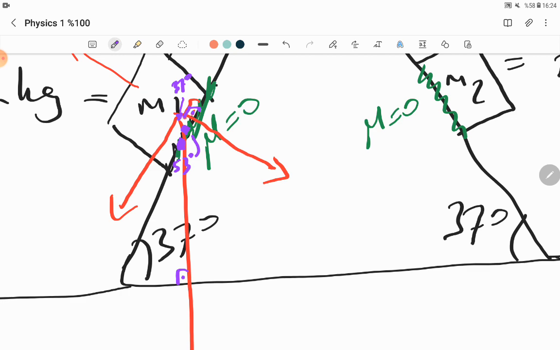If this angle is 33, this projection is, for example, gx, g multiplied by cos 33, and the gy projection is g multiplied by sin 33 degrees.